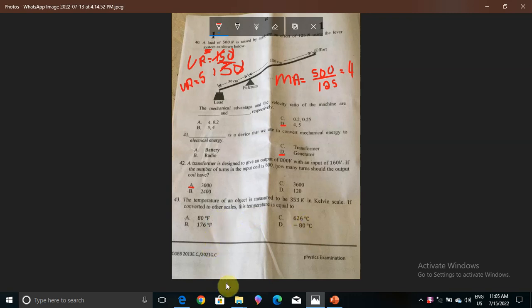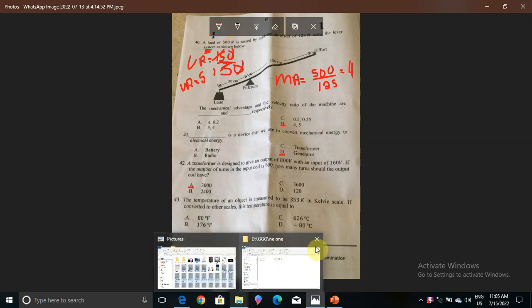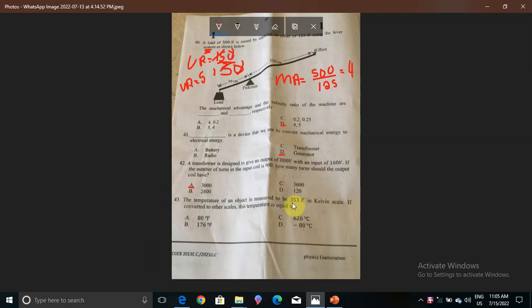So the correct one will be 176 degrees Fahrenheit, because what we have here is 353, right? And if we want to convert it, it will be equal to TC plus 273.